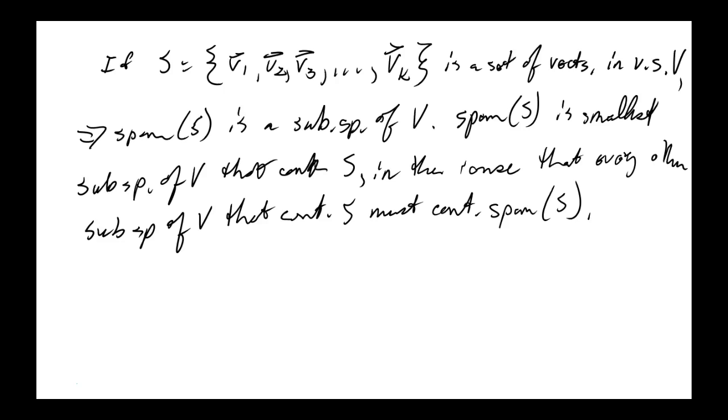It looks like they almost start stuttering here. To show that the span of S, the set of all linear combinations of V1 through Vk, is a subspace, show that it is closed under addition and scalar multiplication.